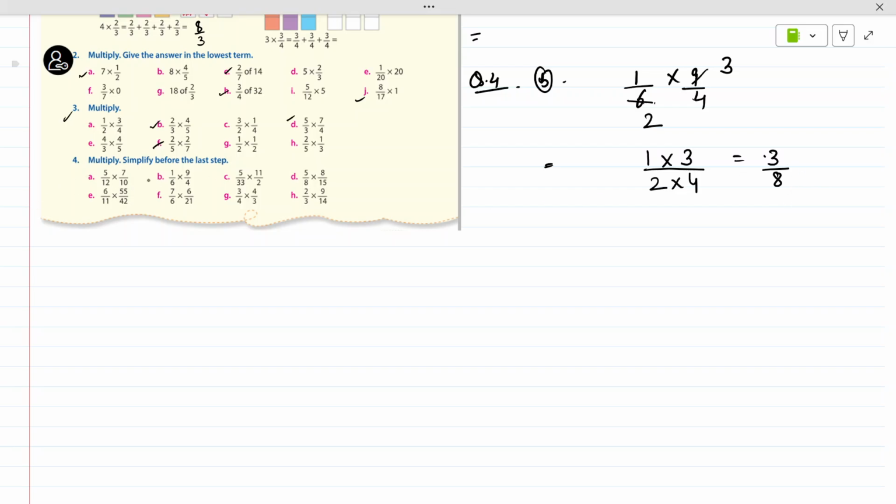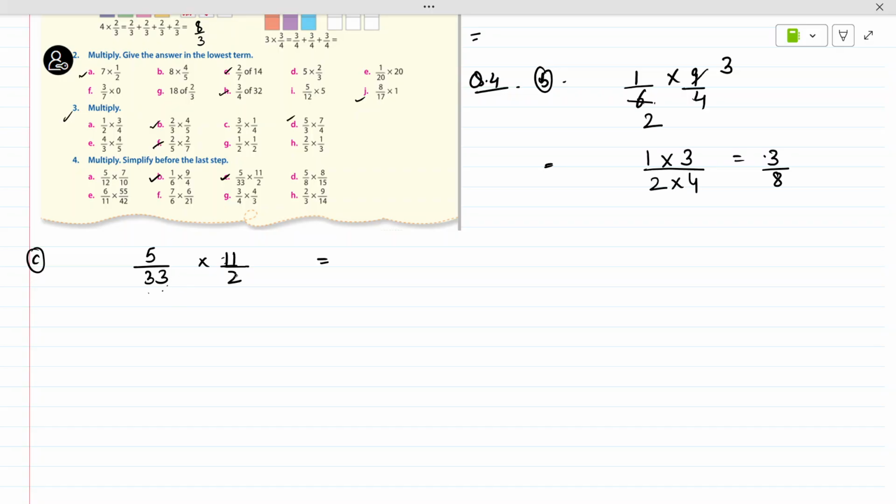Next, let me pick the C part now. In C, we have 5 by 33 into 11 by 2. So this does not have a common factor, numerator and denominator. And here also it does not have any common factor. Across, 5 and 2 do not have any common factor, but 11 and 33 do have.